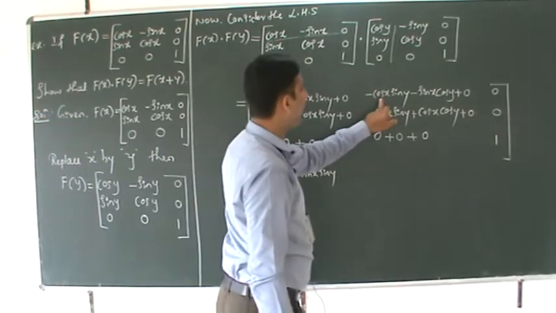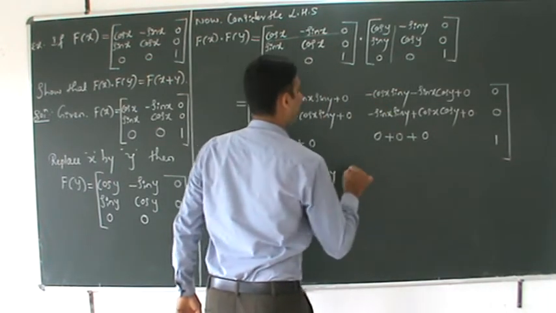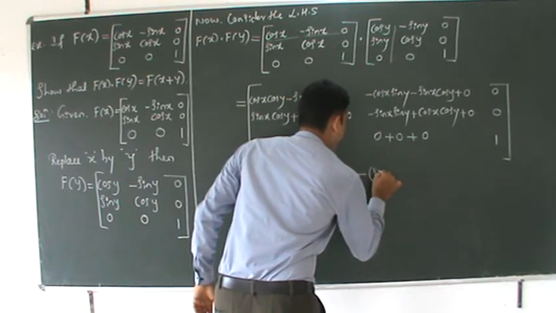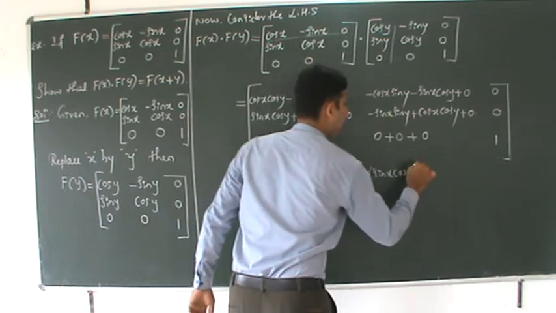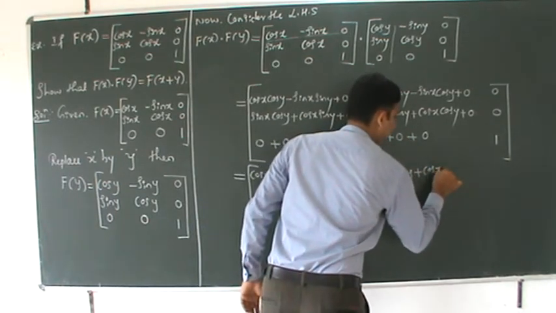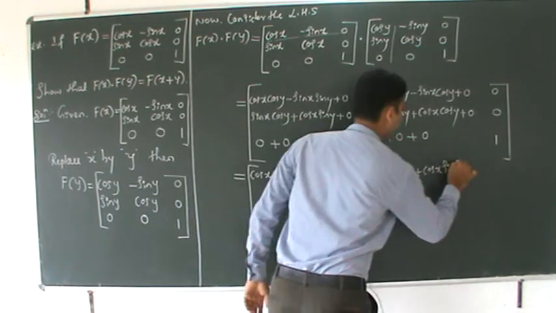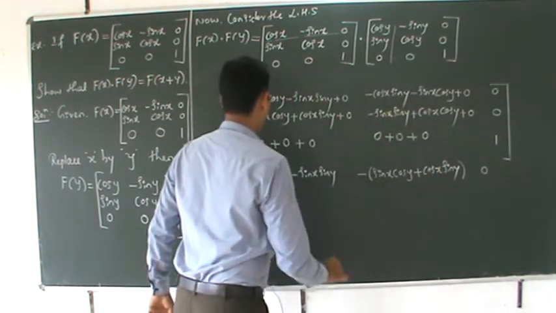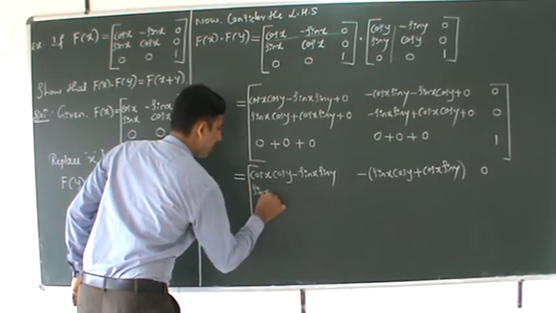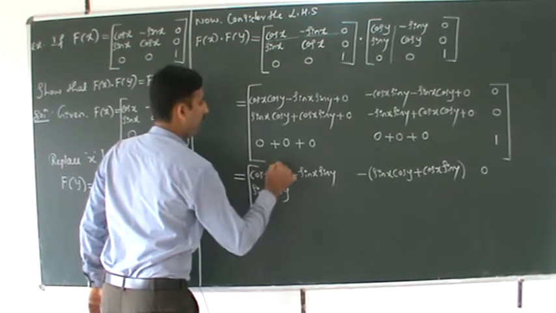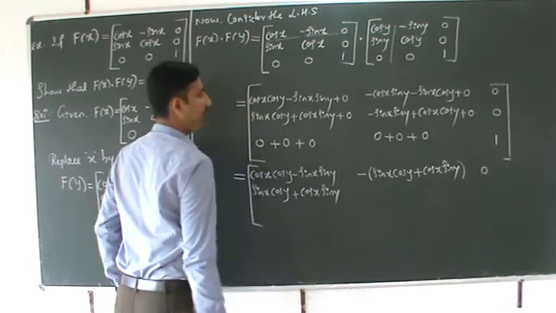After that, you take minus as common, then what happens? Sin x cos y plus cos x sin y, bracket close, as it is 0. Here sin x cos y plus cos x sin y.